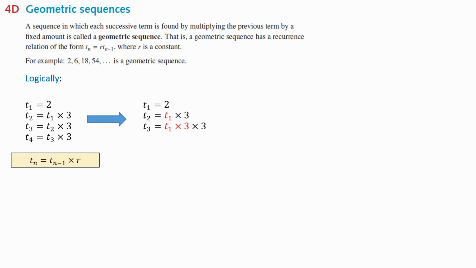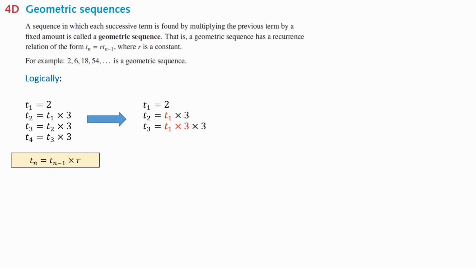If I don't change that T2, I'm always reliant on the previous term. So if I replace T2 with this line here, T1 times 3, suddenly T2 and T3 are only reliant on T1. And that's perfect. That now doesn't require the previous term.